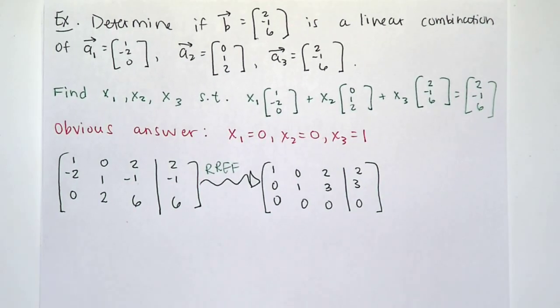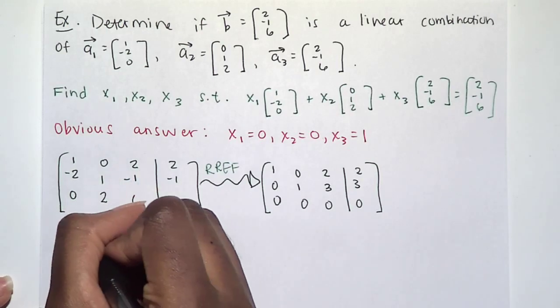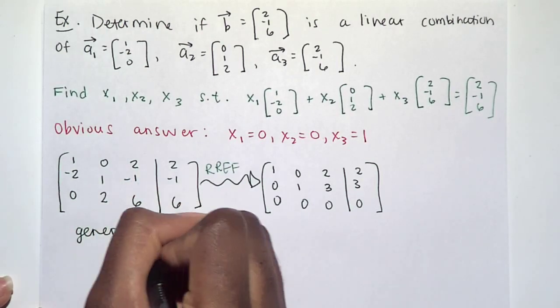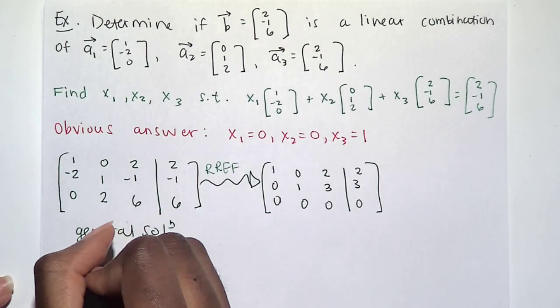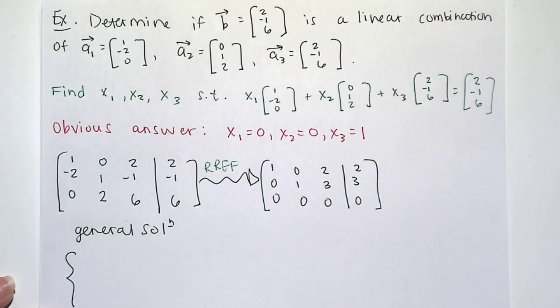Okay, so let's say we set up our augmented matrix as we did. We were able to row reduce it into RREF. We got zeros on the bottom, but great, it equals 0. That's great, we're consistent. So we should be able to find a general solution. In our general solution, we can figure out what x1, x2, and x3 are.